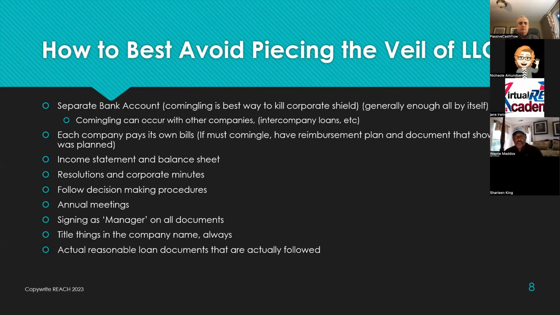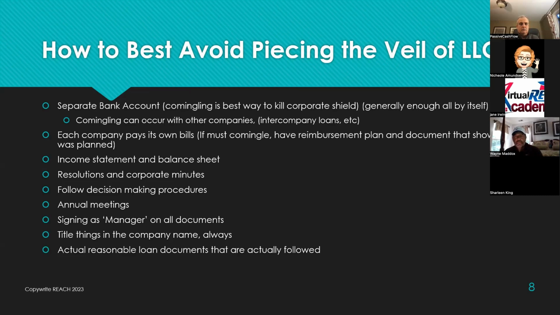You have to do corporate minutes and resolutions. So before you take a big action, you should have a meeting of your LLC members, make a recommendation, make a resolution, get the minutes. You have to have some way where you've decided how you're going to make decisions. What are your procedures for making decisions?